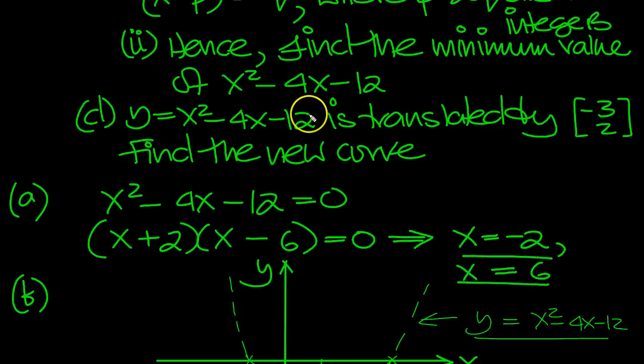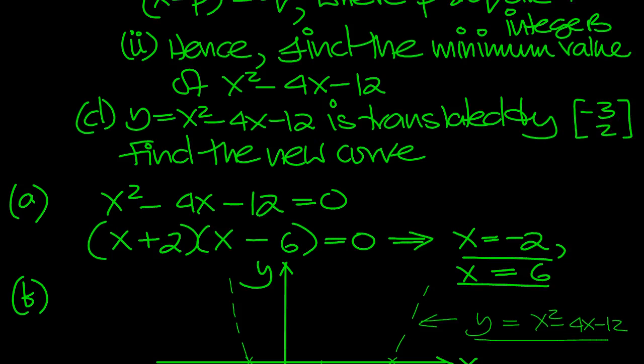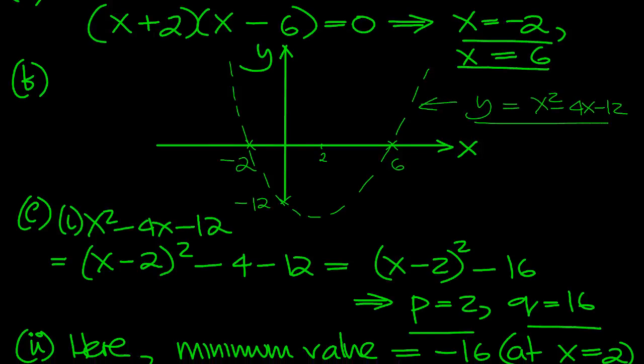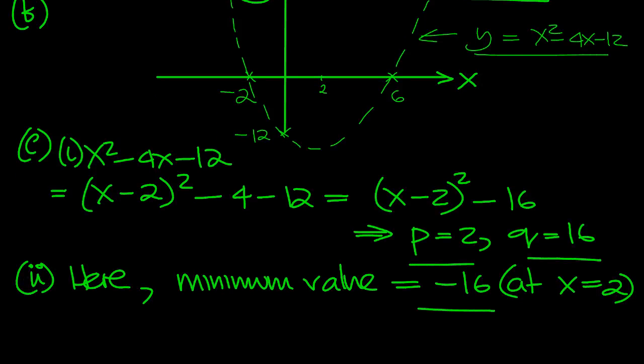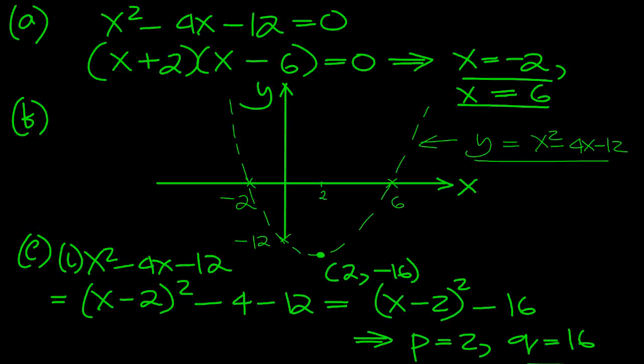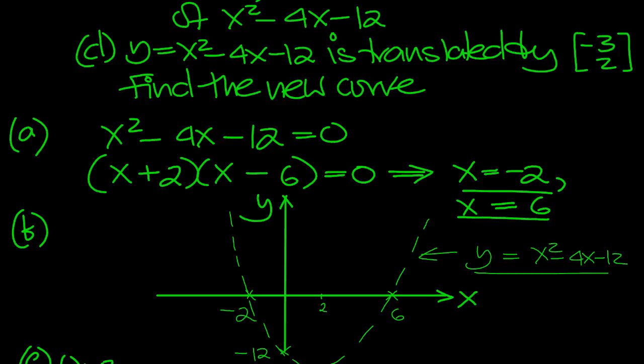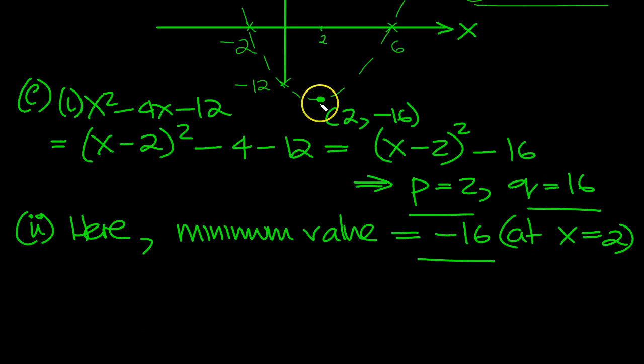D, this quadratic is translated by this vector, find the new curve, minus 3 x and 2 y. Okay, so instead of it being there then, this point here, which is at 2 and minus 16, is translated by the vector minus 3, 2. So this is moved along minus 3.